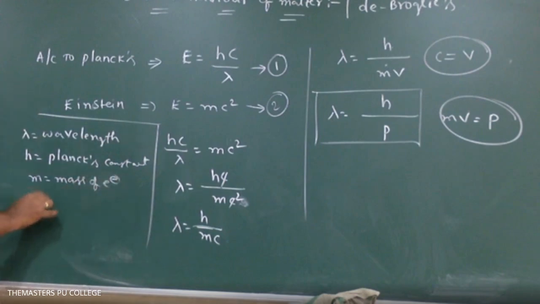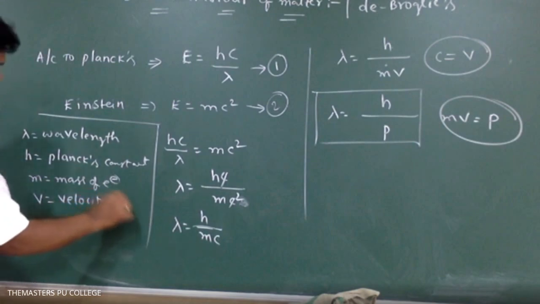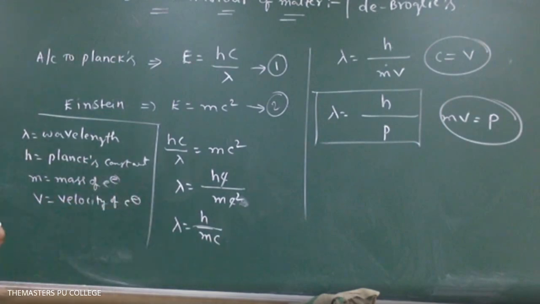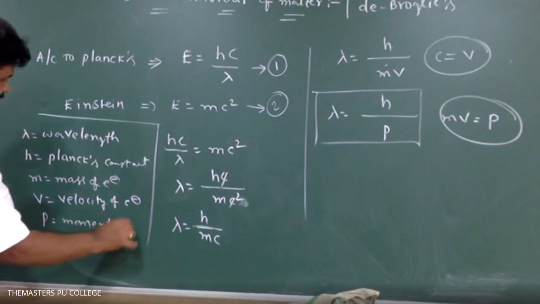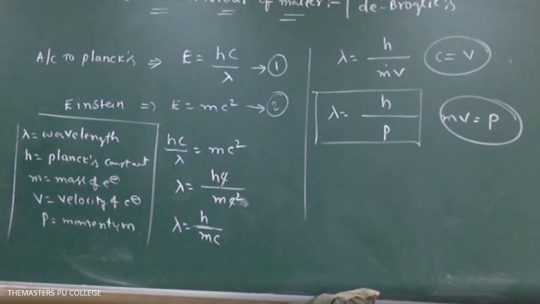V is the velocity of the electron or particle. P is the momentum. So these are the terms.